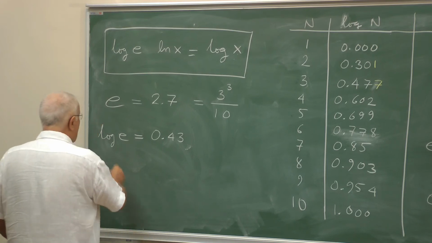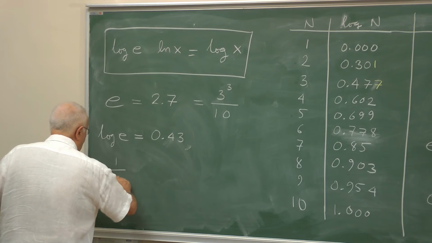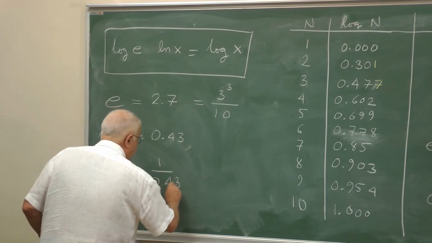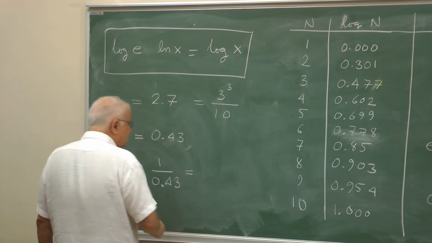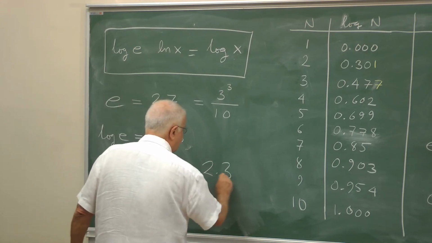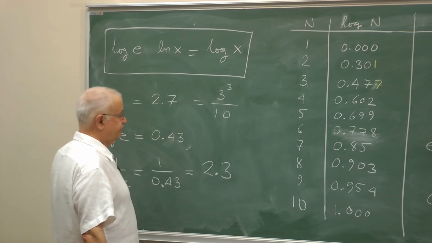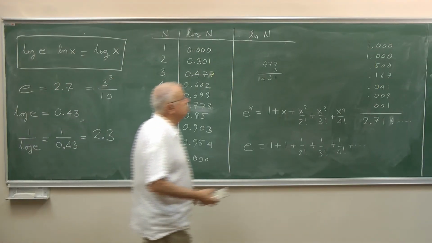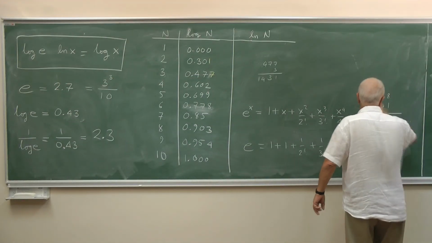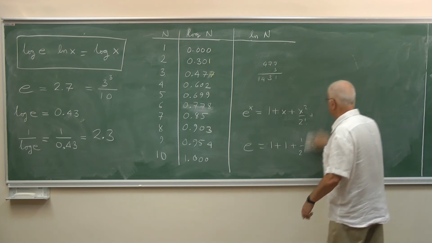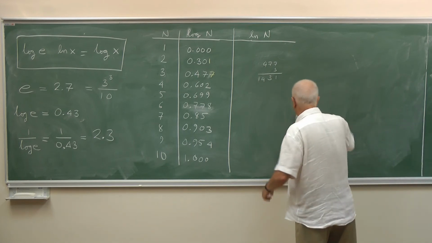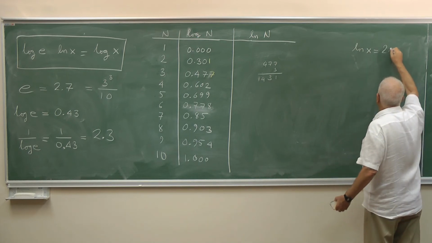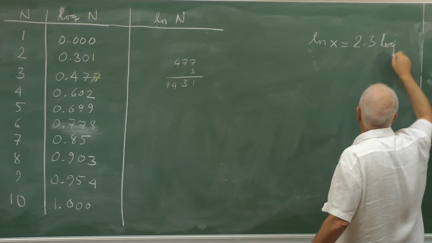How about 1 over log e, 1 over 0.43? If you do the arithmetic, it is 2.3. So my formula is ln x is 2.3 times log x.